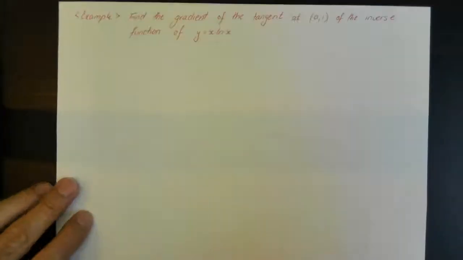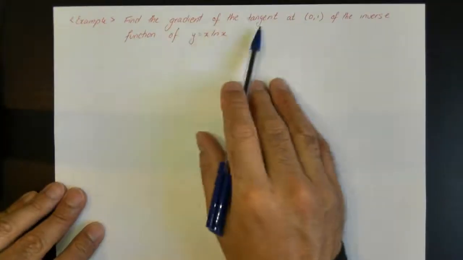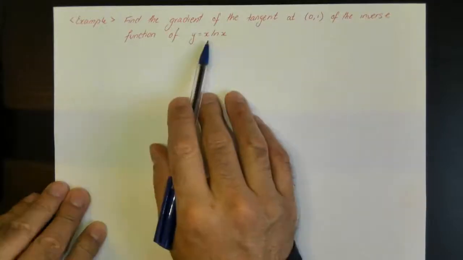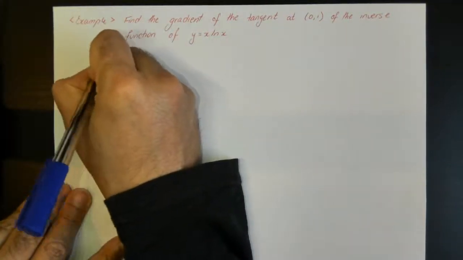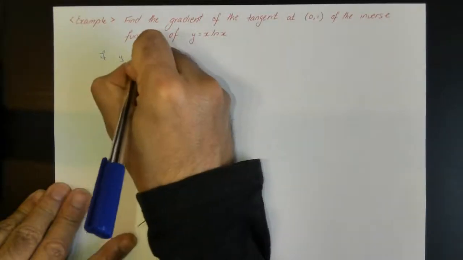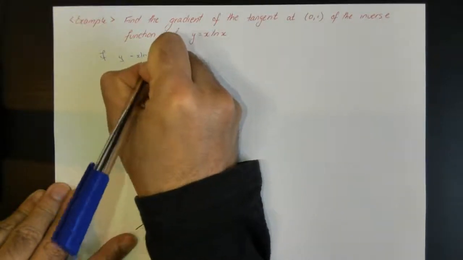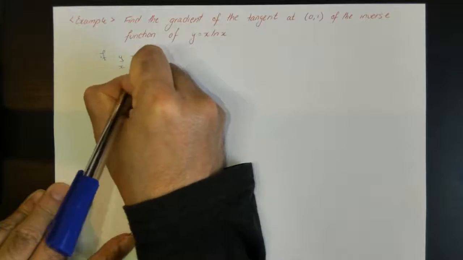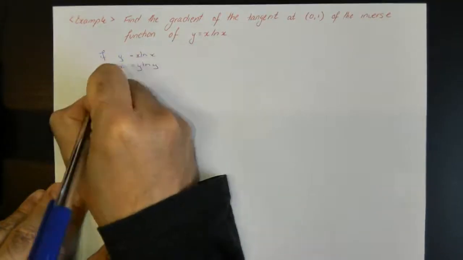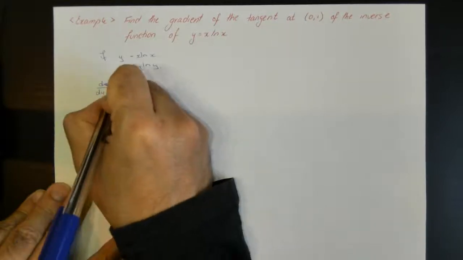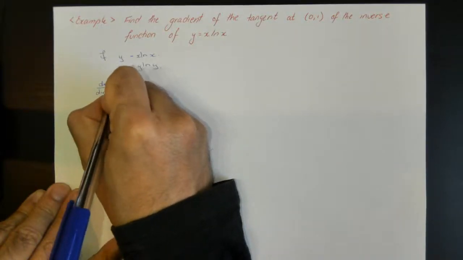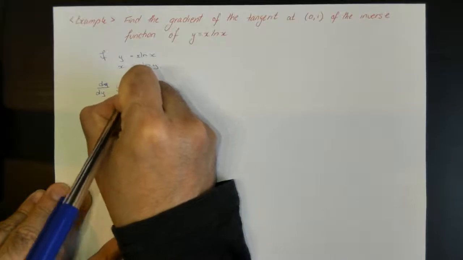Okay. Last example. Find the gradient of the tangent at (0, 1) of the inverse function to y equals x log x. So if y equals x log x, then x equals y log y. We want to find dx on dy of y log y.